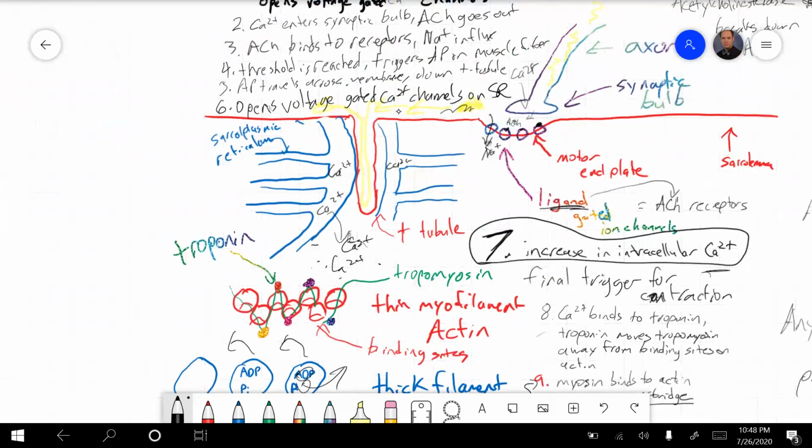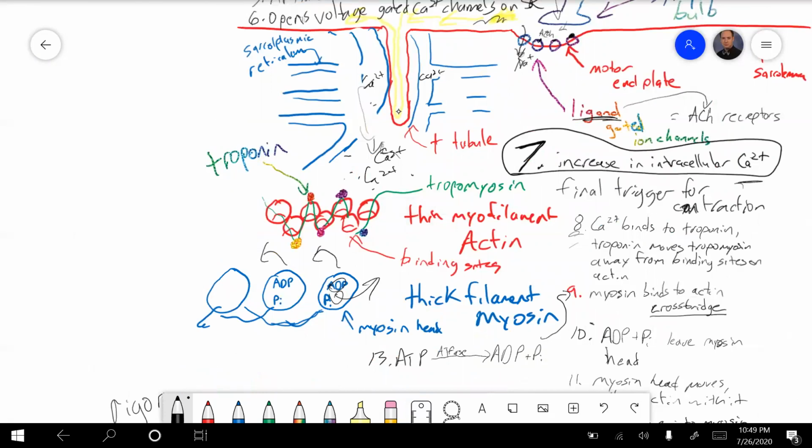Well, because when decomposition sets in, and it does set in fairly quickly, the first thing that's going to start decomposing is the sarcoplasmic reticulum. And then that calcium is going to leak out. And that calcium is going to bind the troponin. Troponin is going to move tropomyosin, and tropomyosin is going to expose those active sites. Myosin binds to actin, forms the cross bridge.